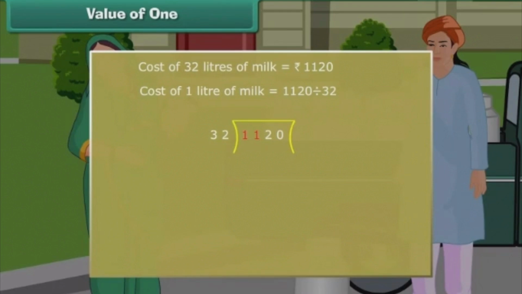Now consider the first three digits together. 112 is big enough to hold 3 times 32, that is 96. Therefore, write 3 on the right side and 96 beneath 112.